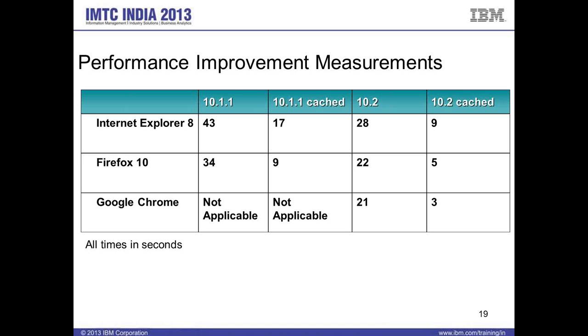The first run in 10.2 takes 28 seconds in lab testing, which was taking around 43 seconds in 10.1.1, and in cached mode also it's almost a double improvement in performance on Internet Explorer. Similar to Firefox, it significantly improved, almost double the performance compared to the earlier release.